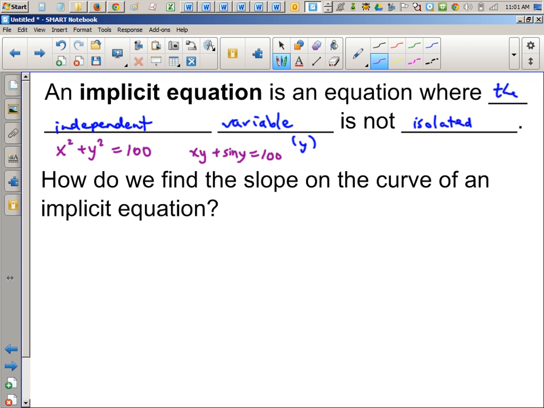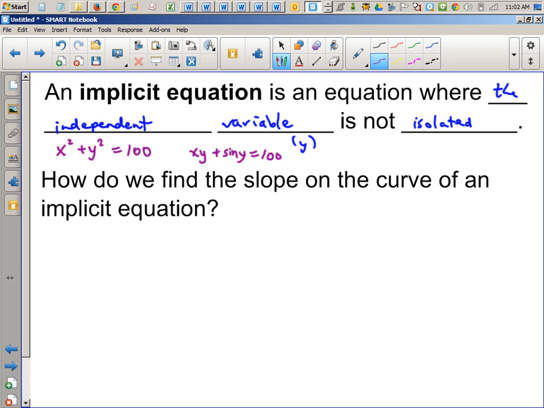One of the reasons is simply because you've got the y on the inside of the sine and you've got the y on the outside of the sine. Good luck trying to isolate y. If you try to get the first y by itself, you'll do it by dividing by x. If you try to get the second y by itself, you'll do it by doing inverse sine. You can't have it both ways. Y is stuck. You cannot isolate it. Okay? So these are implicit equations.